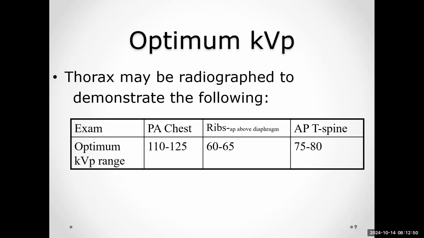So you can see for PA chest, about 110 to 125 kVp, because we want sort of lower contrast. We want to be able to see through and be able to identify a lot of different shades of gray, so that we don't miss something small, like some kind of little nodule or something in the lungs.